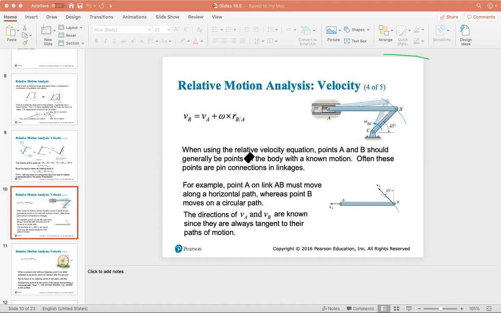What I wanted to say was, when do you use this relative motion analysis? It's really useful. And when do you use an absolute position analysis? So what I would say is, if you have well-defined points, and you can do the trigonometry and stuff, then maybe you should do the absolute position kind of analysis like we did last class.